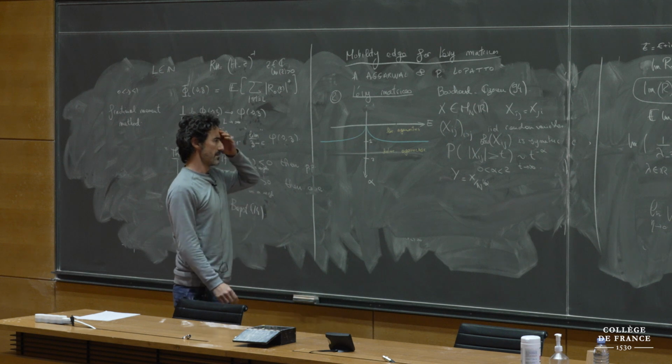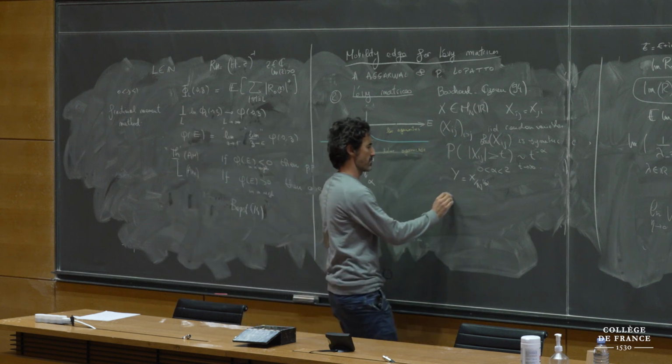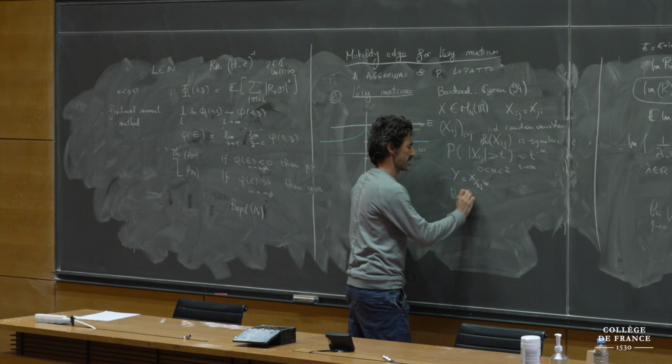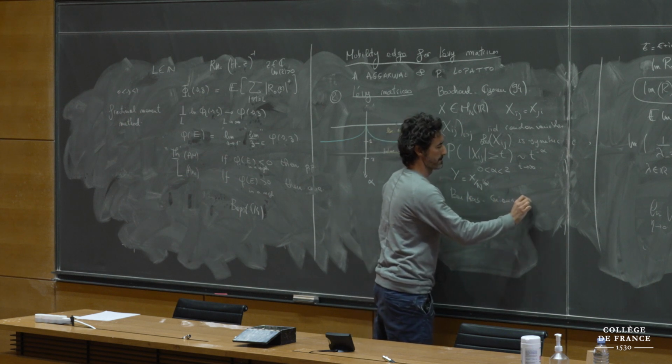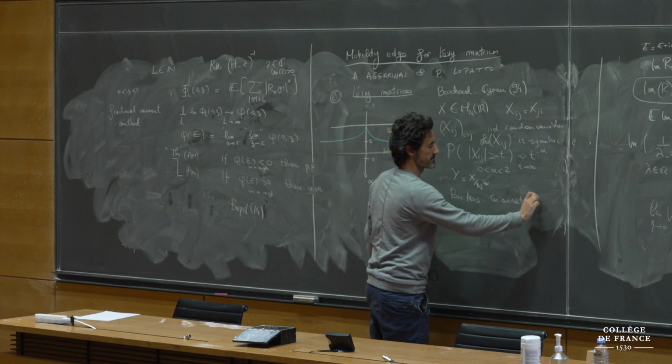Okay? So this model of random matrices has been studied a lot. The first math paper about it is by Ben Arous and Guionnet in 2007-8.